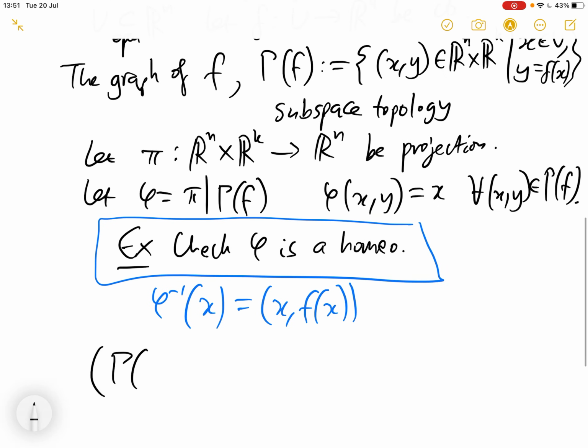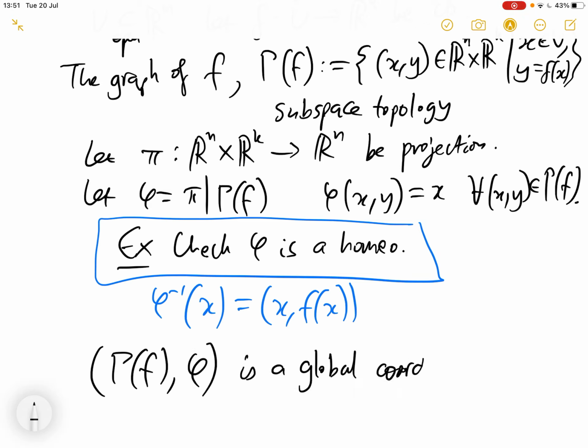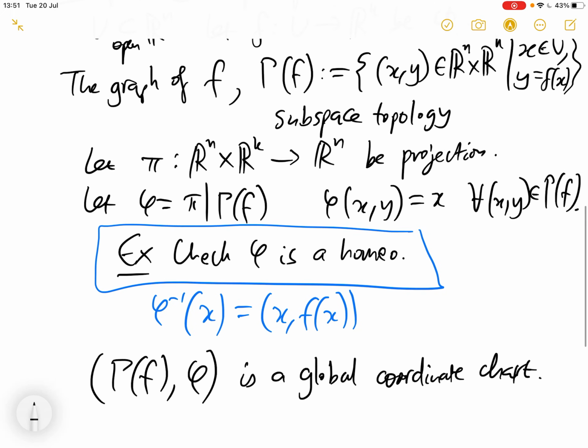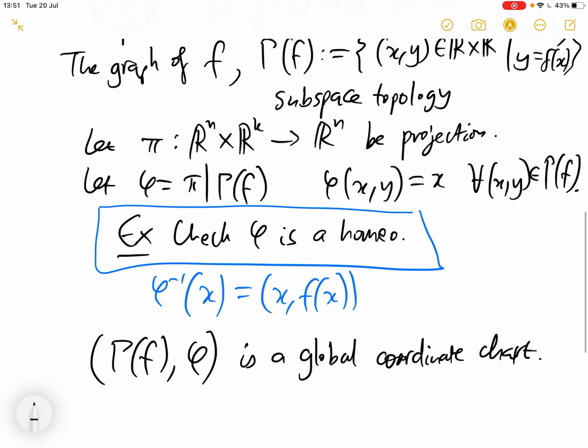So we can say that the graph of F with φ is what's called a global coordinate chart. It's a global chart because we only need a single chart to cover the entire manifold. For every point of the graph, this function φ is a homeomorphism to an open subset of Rⁿ.